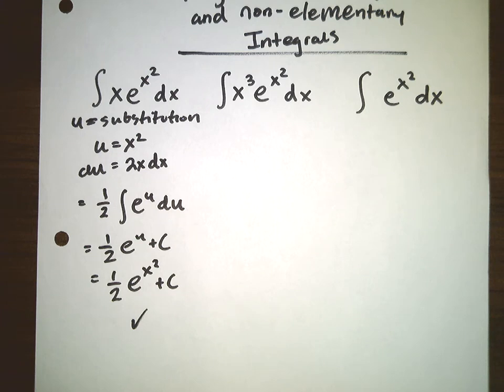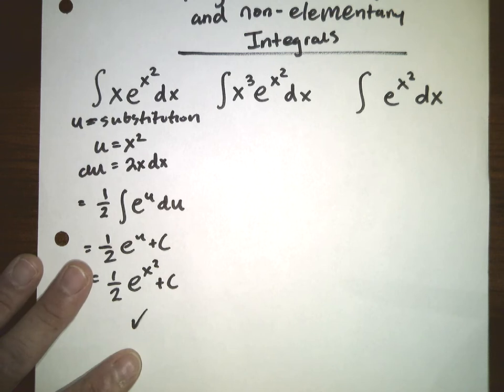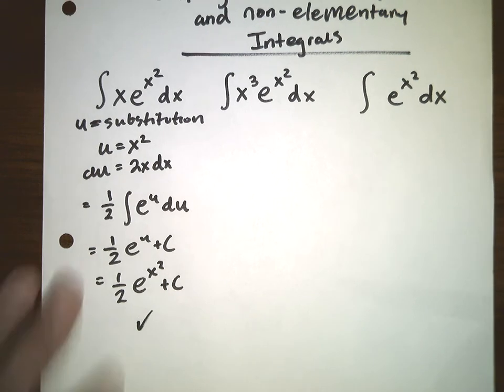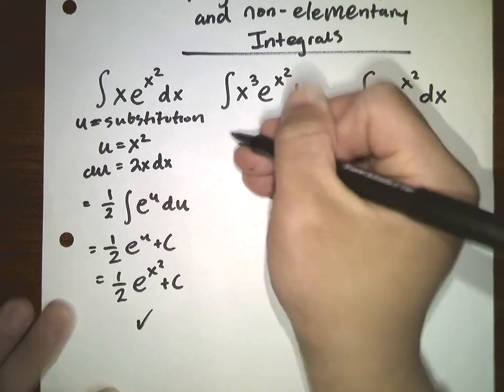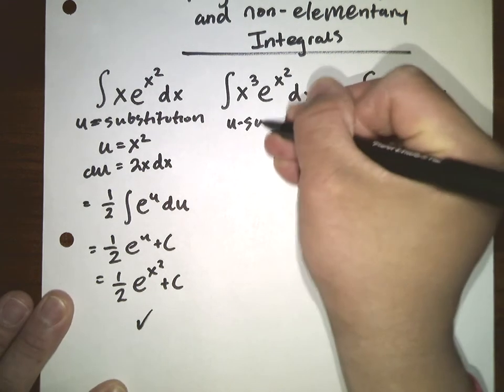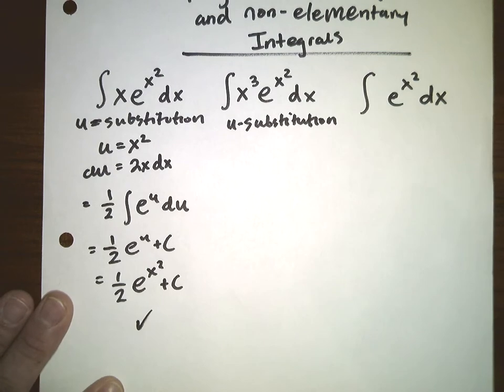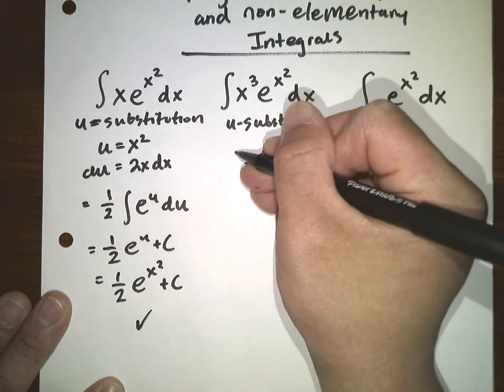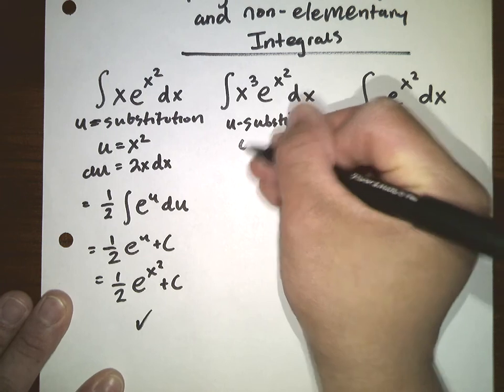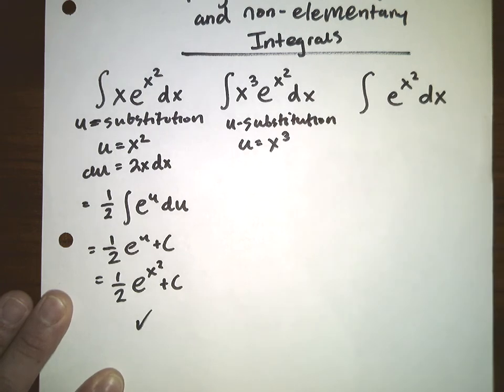All right, but even the next one isn't necessarily easy, but what you actually could do though is you could use a u substitution. So let's use a U substitution, but the U substitution will be a little bit different here because your u would be x to the third.